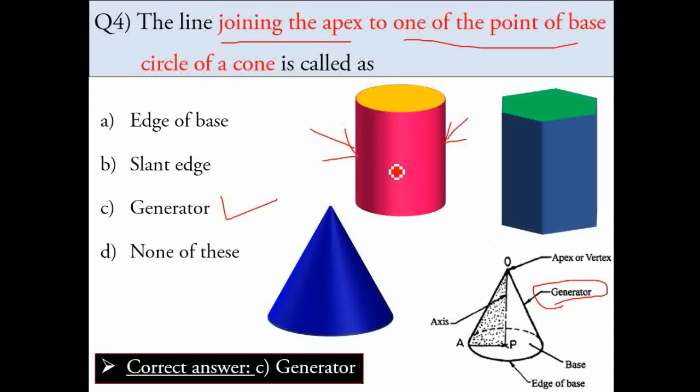But when we consider a hexagonal prism, then one of the corner points of the top and bottom is joined with the help of this line, that is called the edge of the object. I hope all of you understood this. The correct answer for this question is generator.